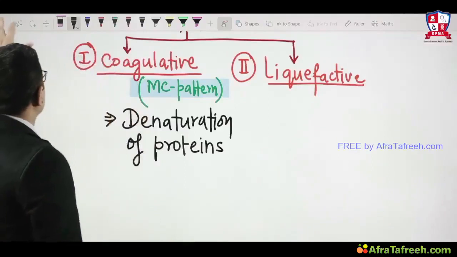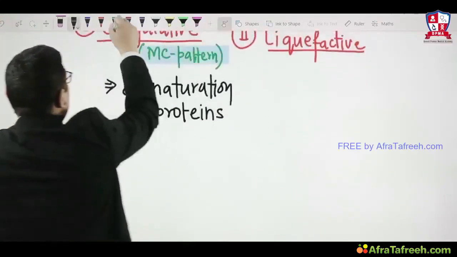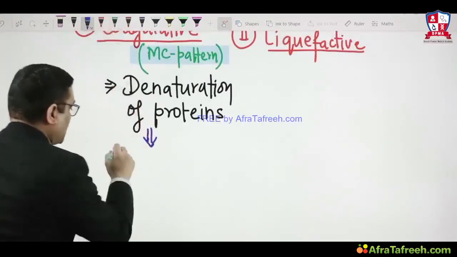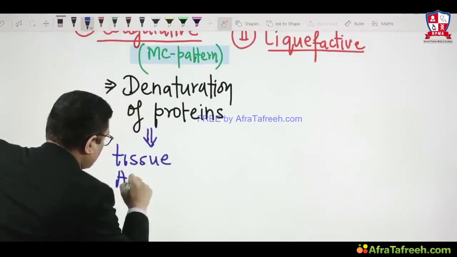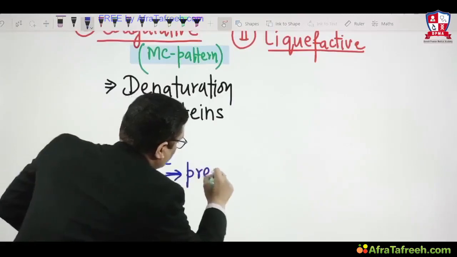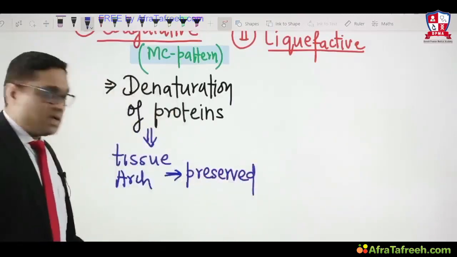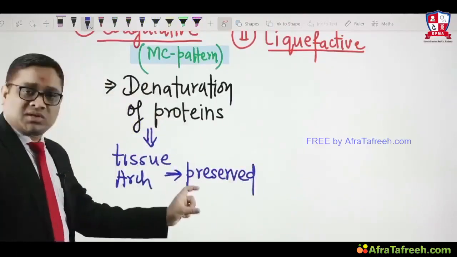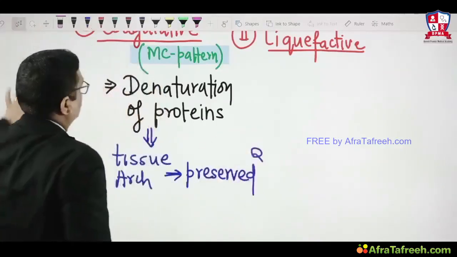Always remember, because of the denaturation of the protein, tissue architecture will be preserved. That is very important. Tissue architecture is preserved in coagulative necrosis, right? This was the question in All India Exam 2015: tissue architecture is preserved in which pattern of necrosis?